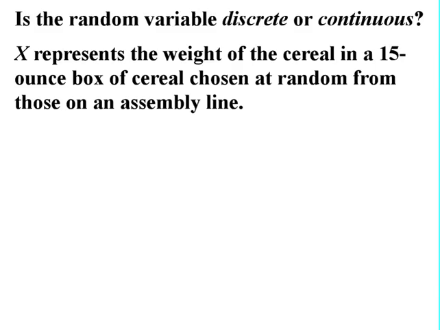The first one: is this random variable discrete or continuous? X represents the weight of the cereal in a 15-ounce box of cereal chosen at random from those on an assembly line. A is discrete, B is continuous.